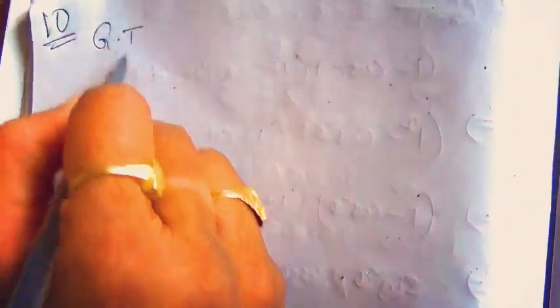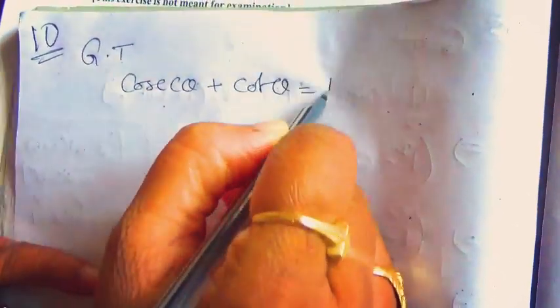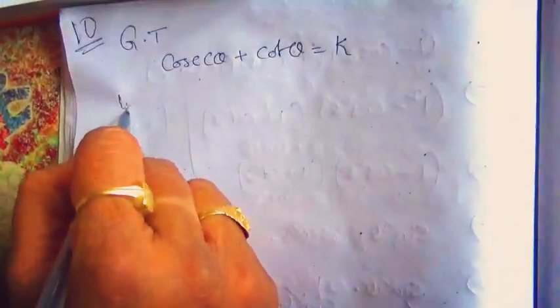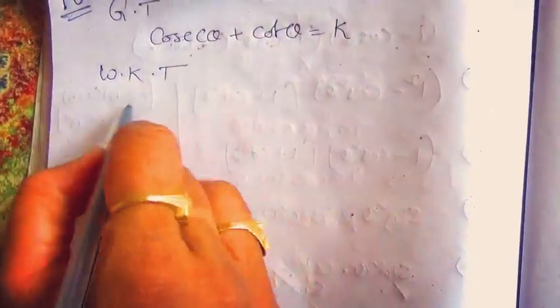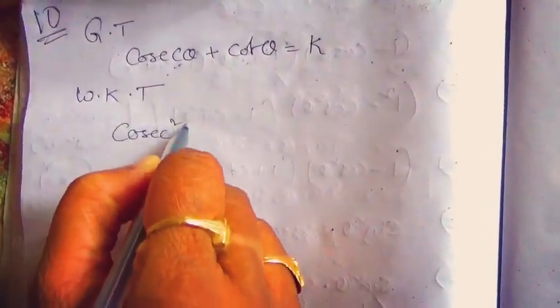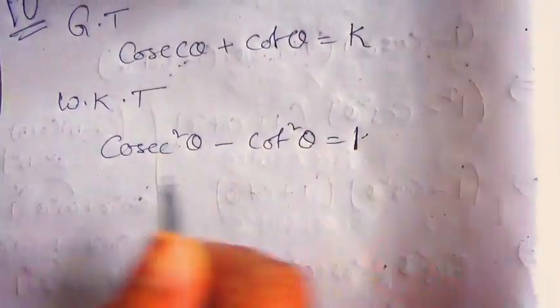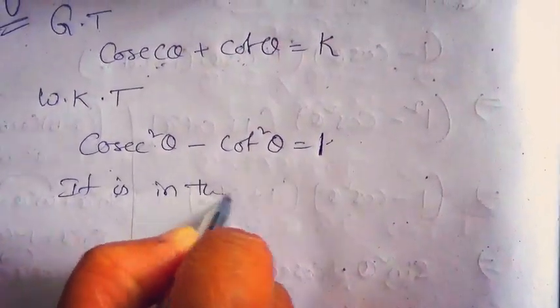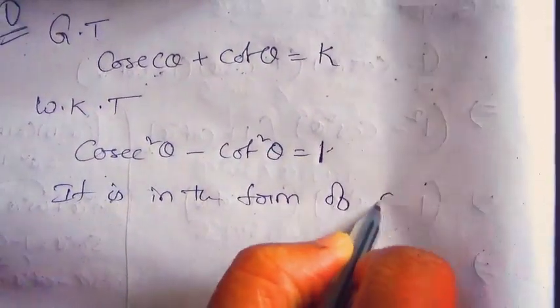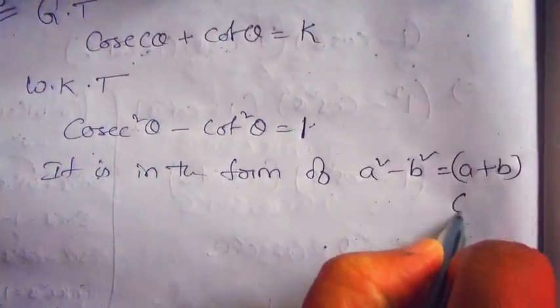Given that cosecant theta plus cot theta is equal to k. Just like the above, you just do it first. What is the trigonometric identity which is used for these two? We know that cosecant square theta minus cot square theta is equal to 1. It is in the form of a square minus b square, that is equal to a plus b into a minus b.